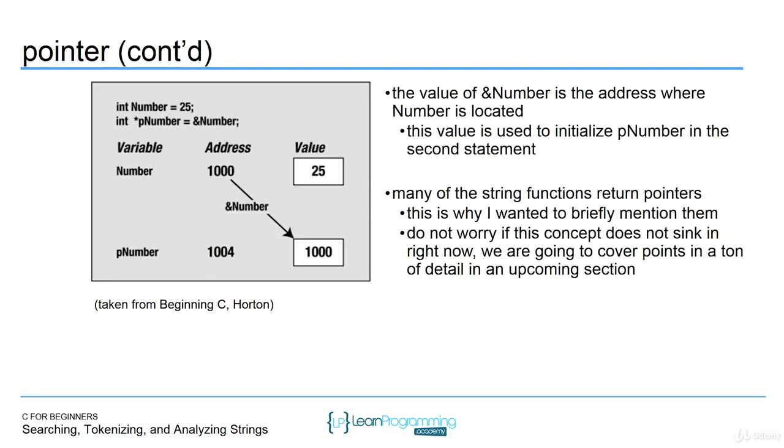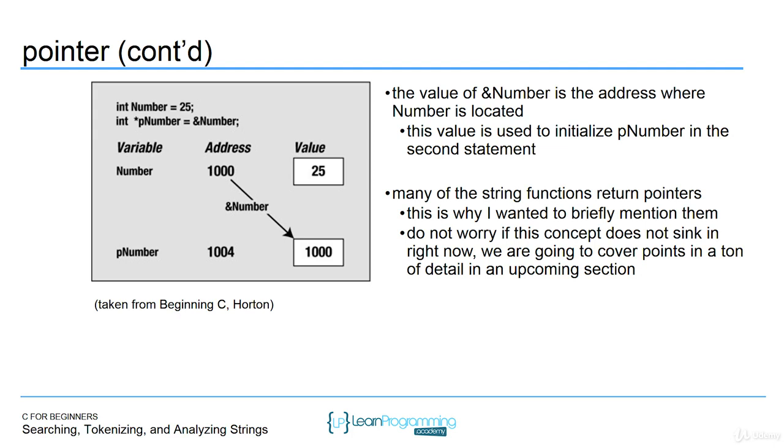This slide tries to illustrate what I just mentioned. I found this in a book that I've read. It's a slide that shows you the concept of a pointer in memory and how things work with addresses. So I'm kind of reiterating what I just mentioned, but the value of ampersand number is the address where number is located. So if you have two variables, number and pNumber, pNumber is a pointer, number is an int. You also, by the way, have to specify the type of the pointer. Even though a pointer is an address, you still specify the type of what the address is pointing to.